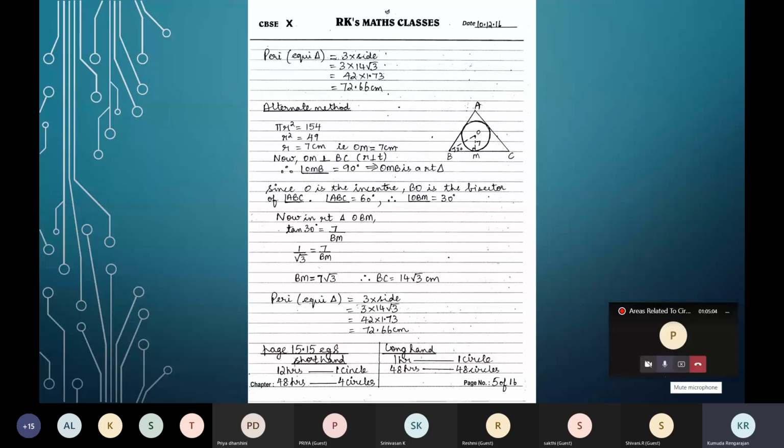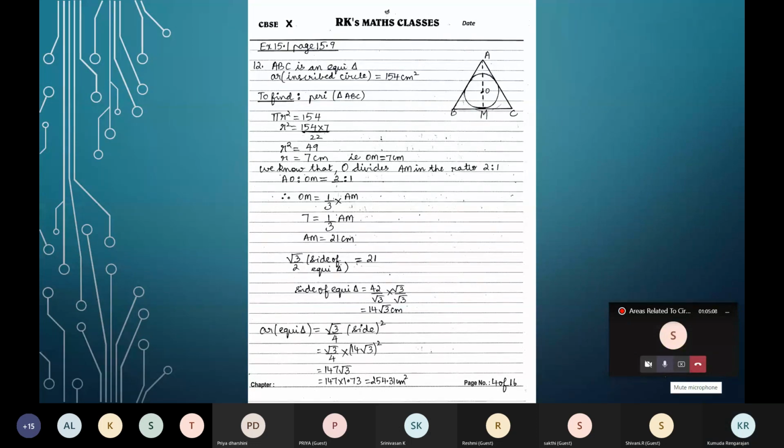Worked it in two ways. Let's see the first method. You first go through the working, children. Please go through the working and then I'll explain. Just have a look.